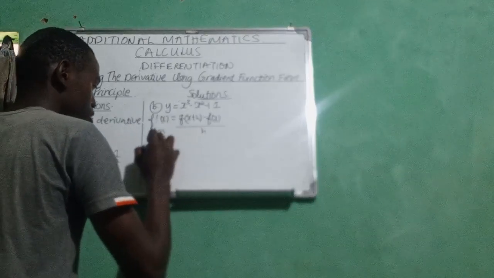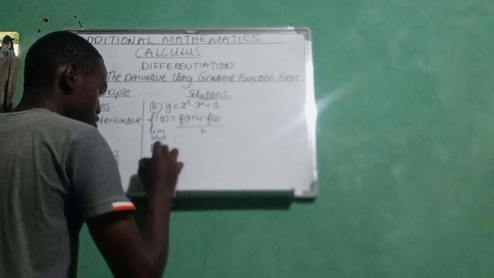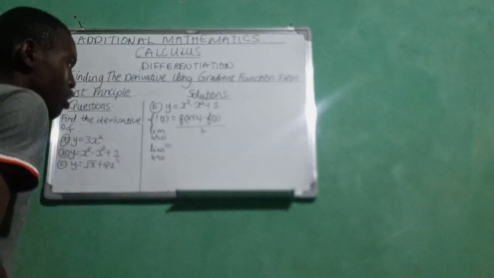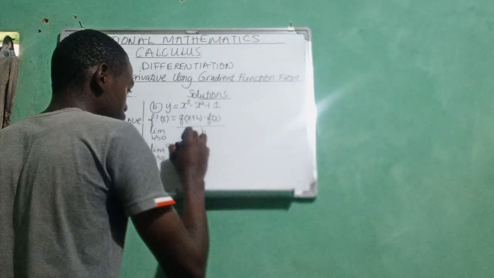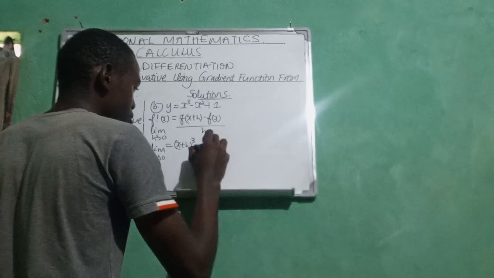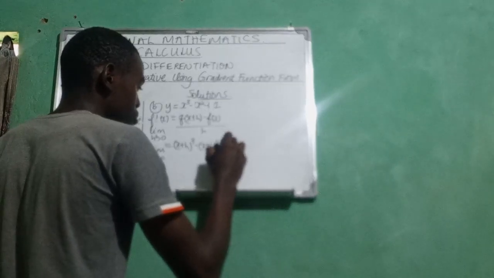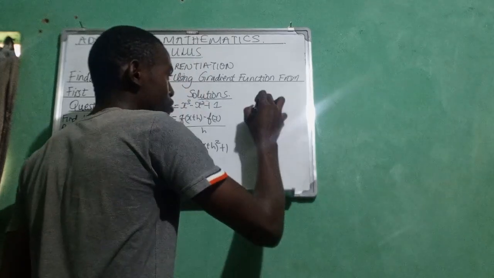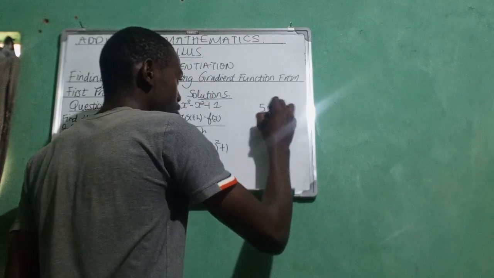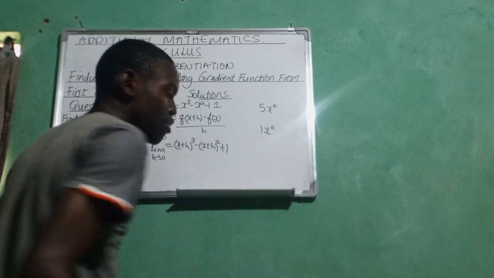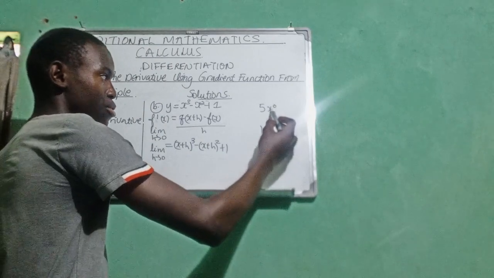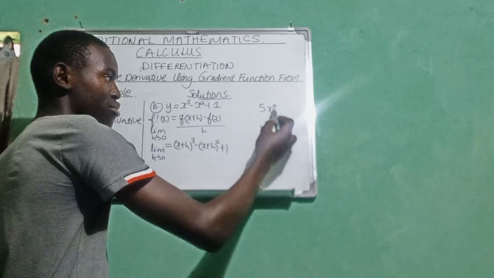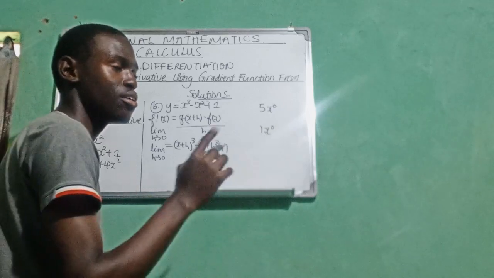Taking the limit as h approaches 0, we put x plus h cubed minus x plus h squared plus 1. Under calculus, the number 5 or the number 1 has an invisible x raised to the power 0. So 5 is 5 multiplied by x to the power 0.